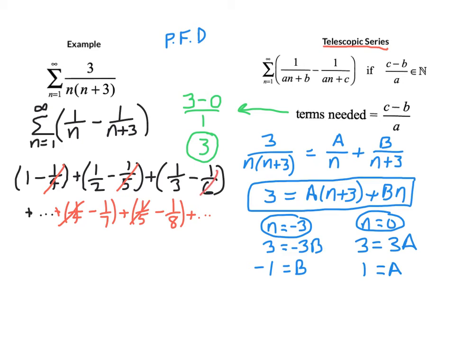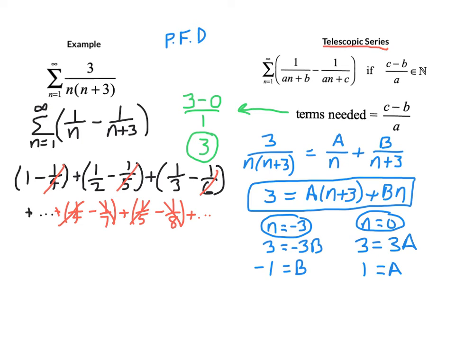Now, as far as the second term in these other terms of the series that are written in red, they end up canceling with terms that occur at the end of the series. Because although we can't write the last term, at some point we're going to end up with 1 over n minus 1 over n plus 3. So these terms, as n goes to infinity, they end up all canceling out as well.